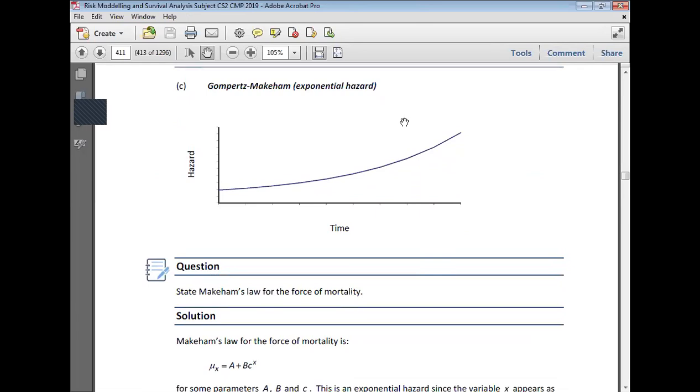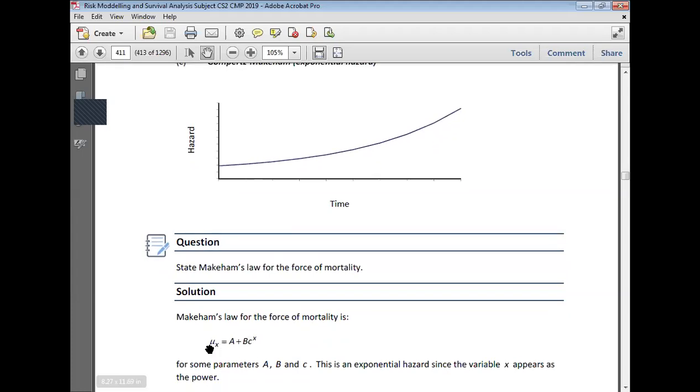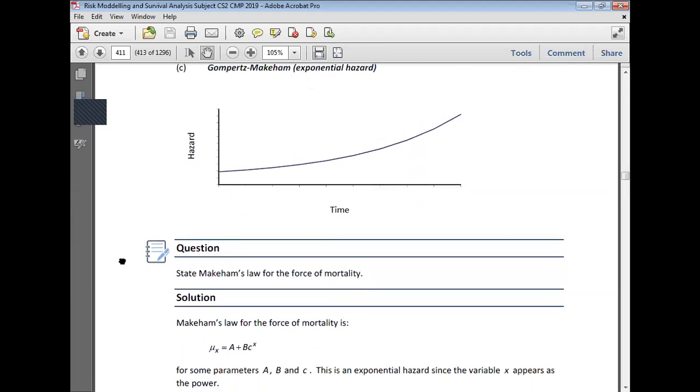Here, let us say we are looking at the Gompertz mechanism, because if your A is 0, then that will just become Gompertz. If you see that as the time increases, the hazard function is increasing at an increasing rate.